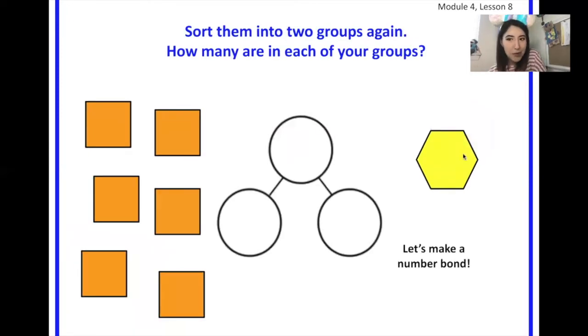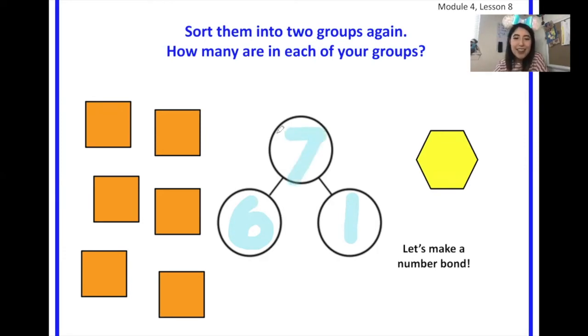Now let's make our number bond about that. So how many squares did we say we had? 6. That's our first part. Our second part is how many hexagons do we have? Yes, 1. 6 and 1 make 7.